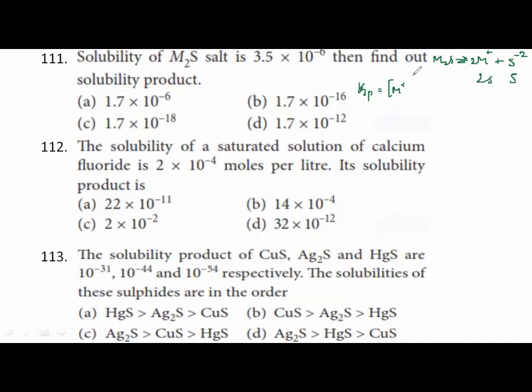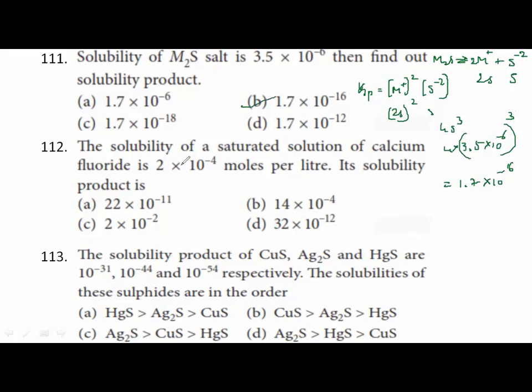Molar concentration raised to 2 into S minus 2 raised to 1. So 2S the whole square into S, 4S cube. Correct? So 4 into 3.5 into 10 raised to minus 6 the whole cube. 6 3s are 18. So it comes out to 1.7 into 10 raised to minus 16. So 1.7 into 10 raised to minus 16 is the correct option.